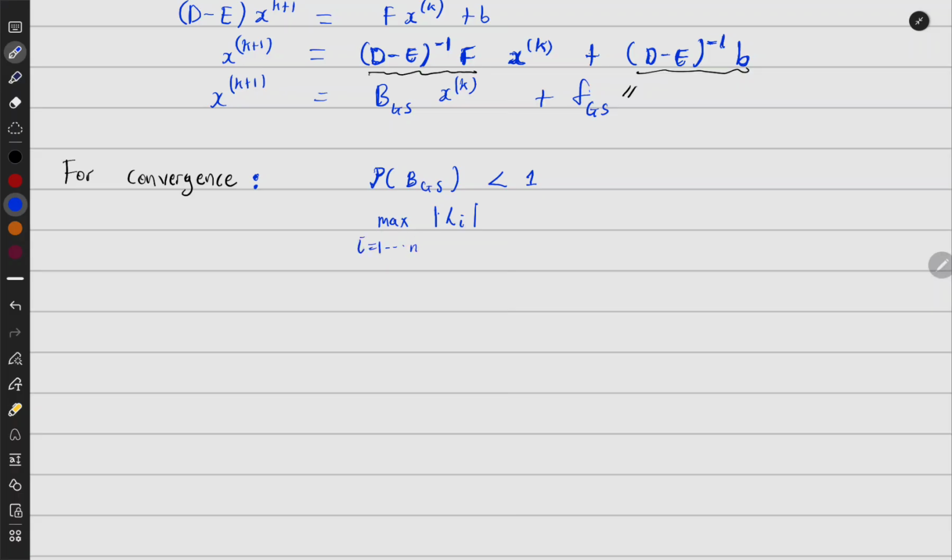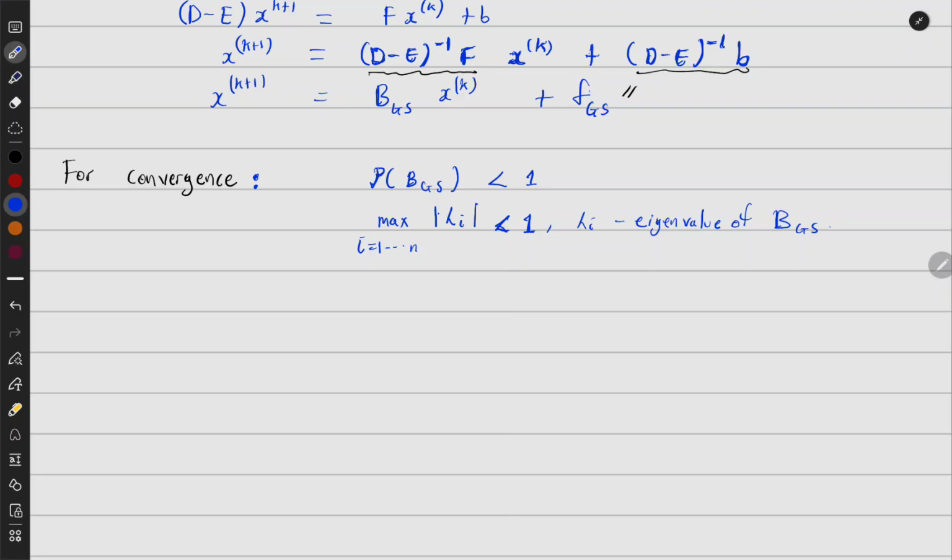So the method is convergent if and only if the maximum of the eigenvalues of B is less than 1. However, this is a little bit complicated, so what do we resort to?